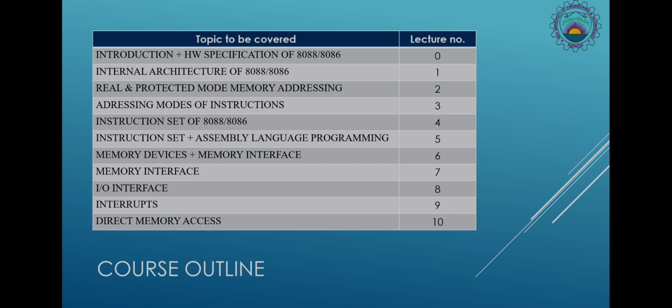Today's lecture is lecture number 0, and we have to conduct a total of 11 lectures, from 0 to 10. In addition to the introduction of the course, we have to cover the hardware specification topic for the concerned microprocessors 8088 and 8086.